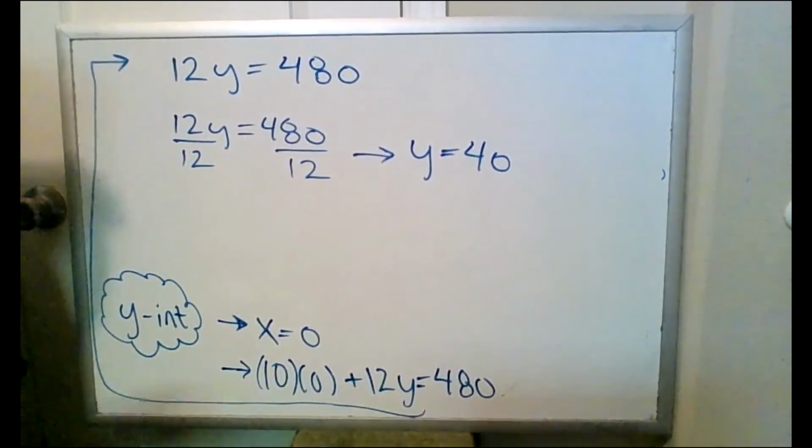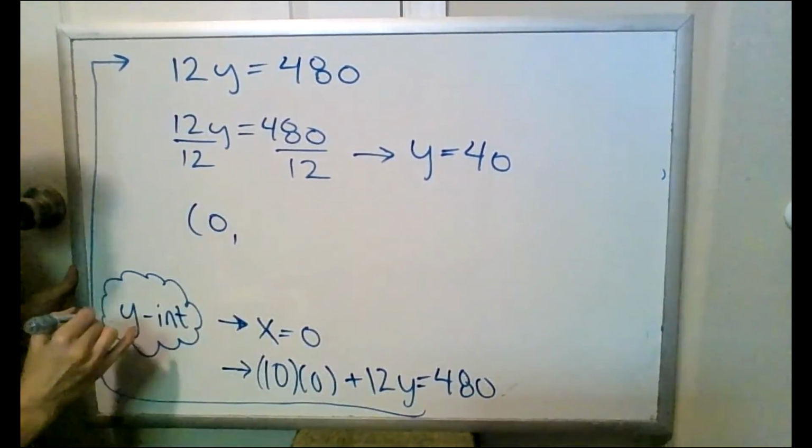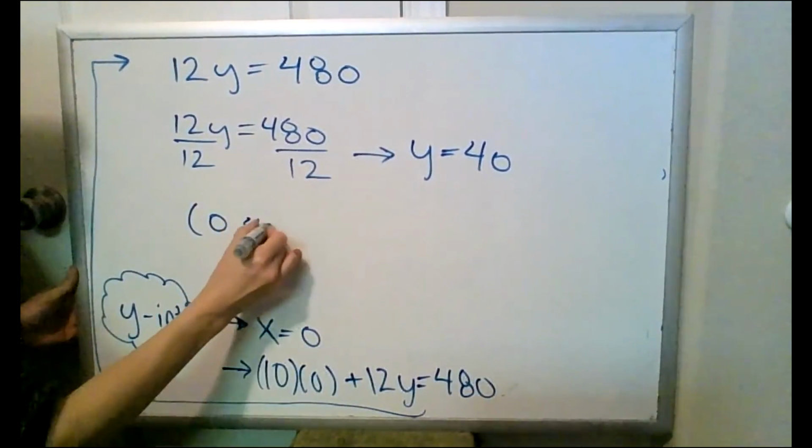We write it as a point with x first, which is 0, and y after, which we found to be 40.